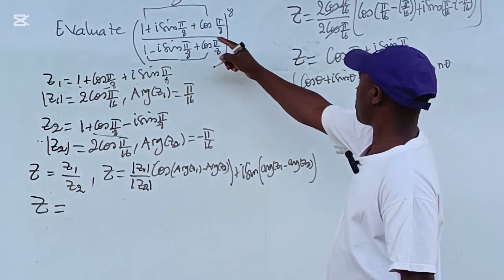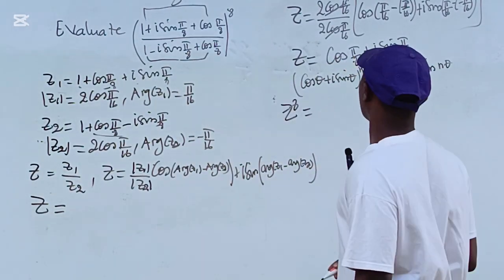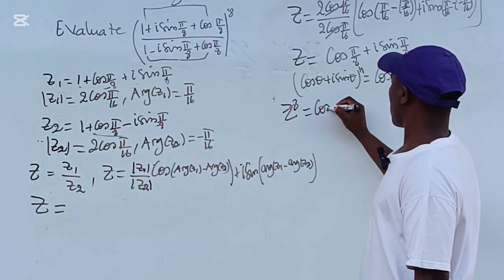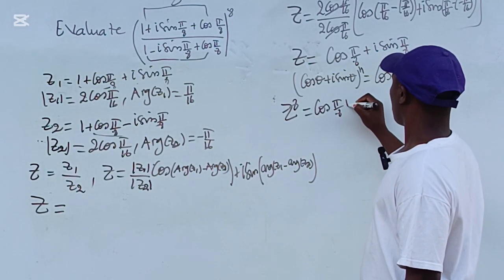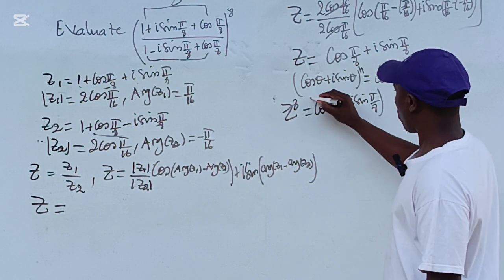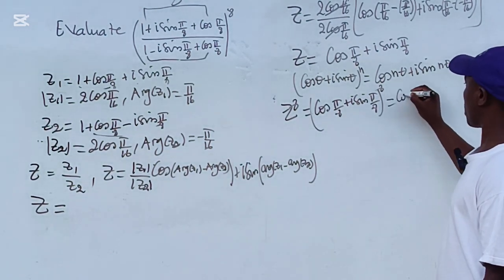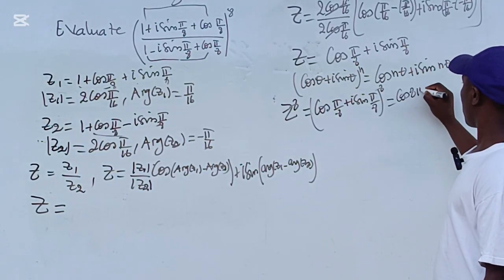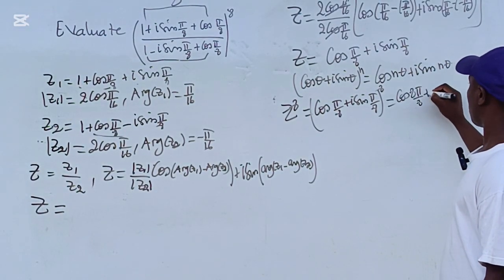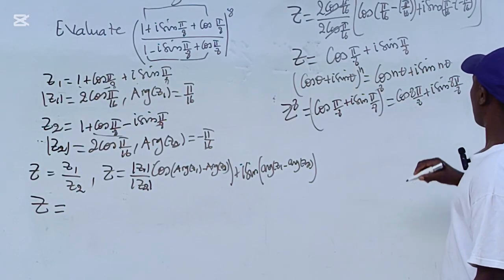So our z power 8, I mean this stuff, z power 8 is equal to cosine pi over 8 plus I times sine pi over 8, all raised to 8. Okay, this is equal to cosine of 8 pi over 8 plus I times sine 8 pi over 8.